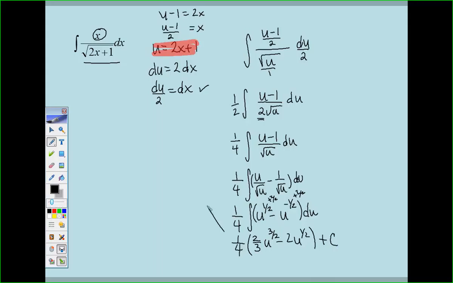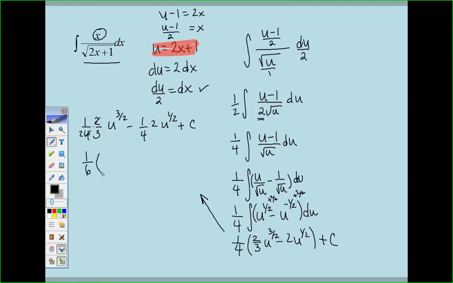Now since I'm running out of room there, let's move back up over here. So we would have 1/4 times 2/3, and then u to the 3/2 minus 1/4 times 2 u to the 1/2 plus c. So let's do a little reducing here. So we would have 1/6.